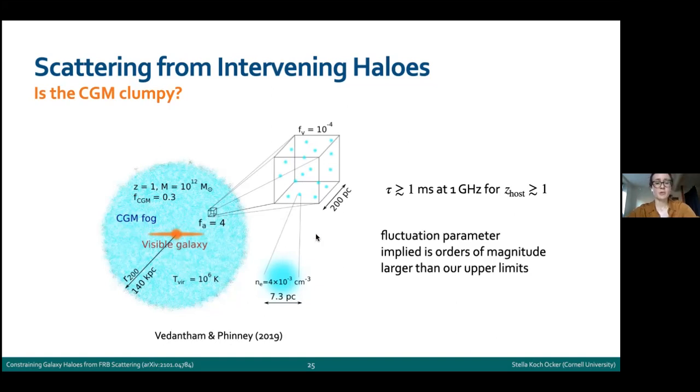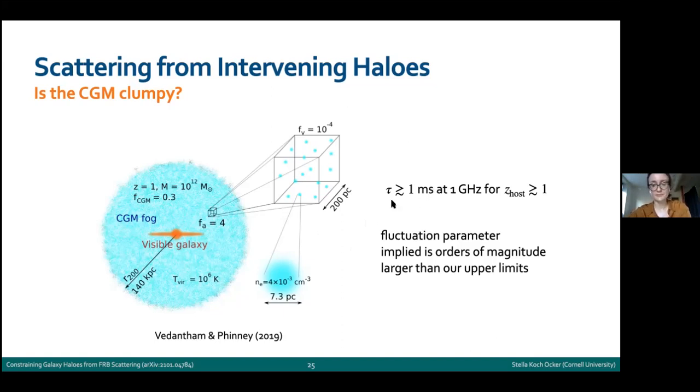And so when we take the filling factor and scale sizes that are used in this model and apply it to our fluctuation parameter, we actually find that the fluctuation parameter implied is orders of magnitude larger than our upper limits for the galaxy halos that we consider. And I'll also say that this model predicts a fairly large amount of scattering.